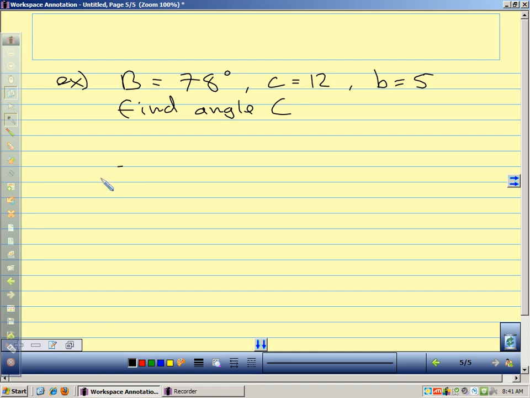I'm going to draw my triangle to look like this, and I'm going to call this angle B this time, just to make it easier to work with. And I'm going to call this angle C and this angle A. So side B is 5, and side C is 12.